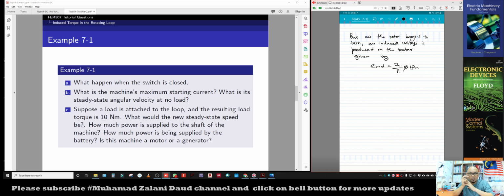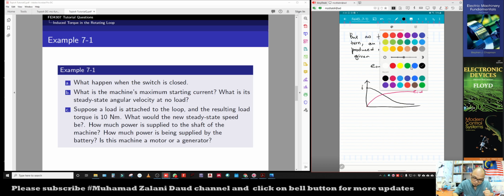Okay, in the steady state condition the torque equals 0. No more torque, because the induced voltage is there, and at that time V_B equals E_in. So the current flows and then reduces, while the induced voltage increases and steadies, until eventually the current will be 0.